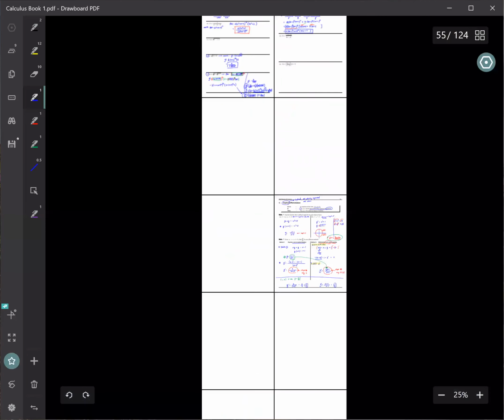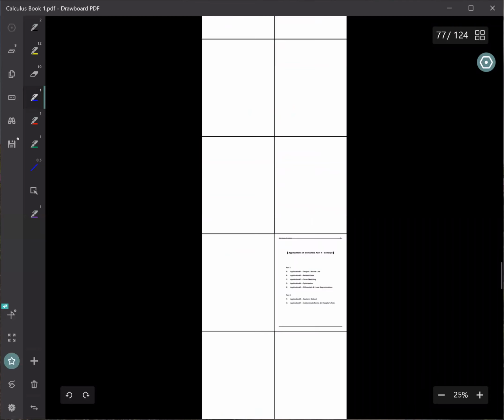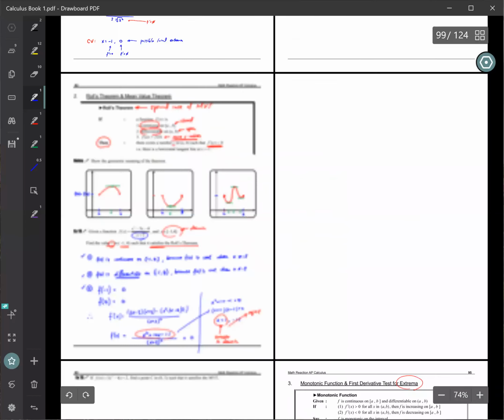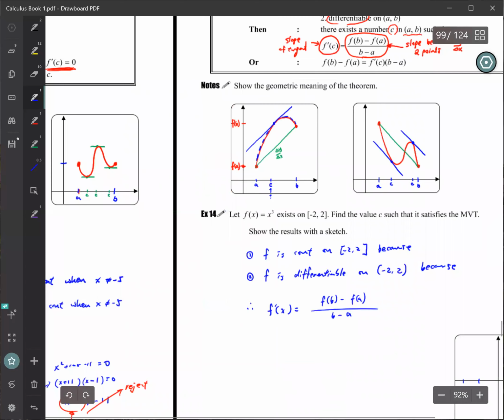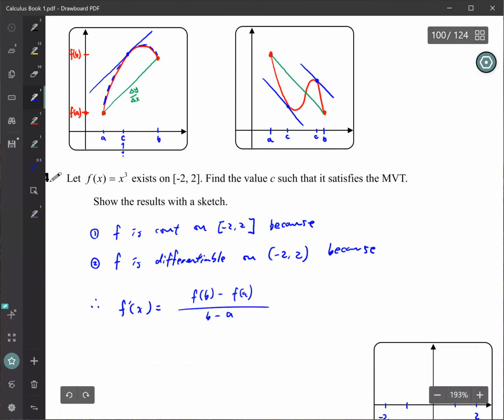Okay, so let's go back to there. The reason that we should be using is just saying f of x is continuous there because it's a polynomial.